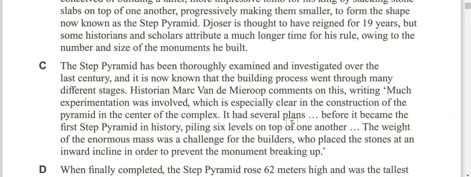It had several plans before it became the first step pyramid in history, piling 6 levels on top of one another. The weight of the enormous mass was challenging for the builders, who placed the stones at an inward incline in order to prevent the monument breaking up. All this from here to here was the comments of Mark van de Meerop.